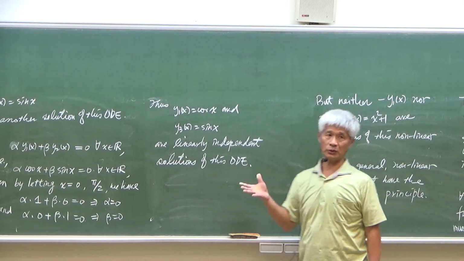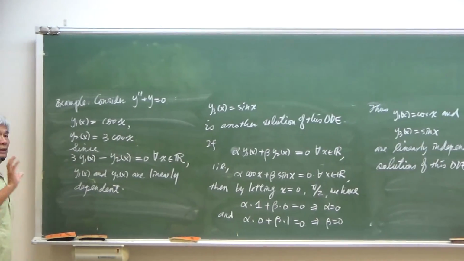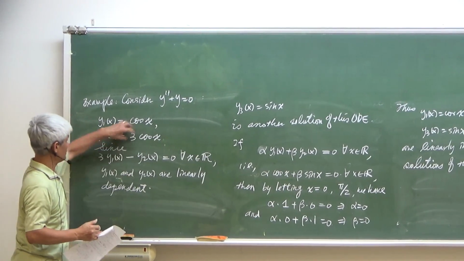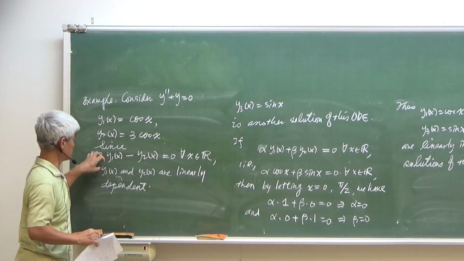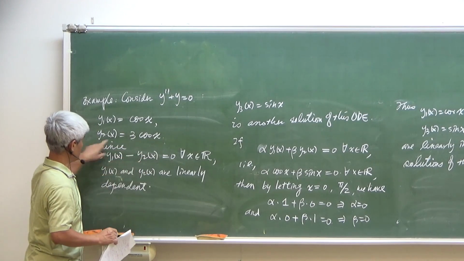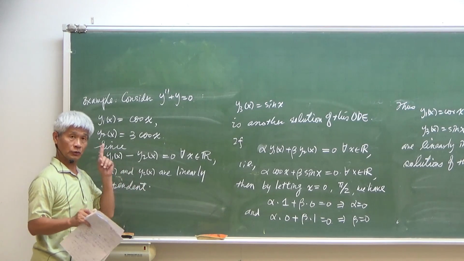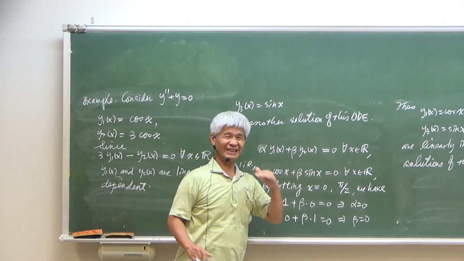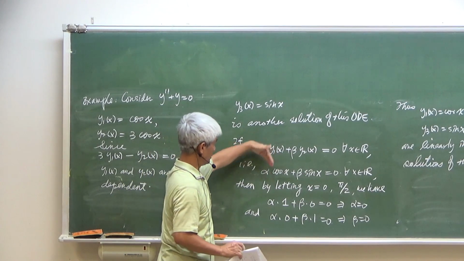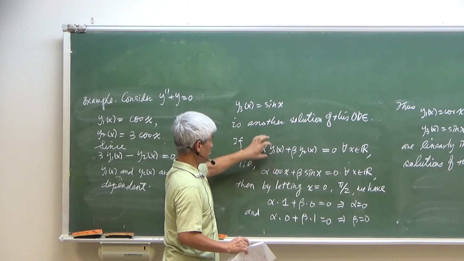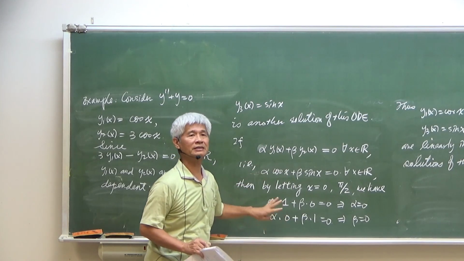So to show two functions are linearly dependent, we just find two coefficients, not both zero, such that the linear combination equals 0 for all x in the open interval. But to show two functions are linearly independent, we have to verify that once this is true, then alpha and beta must be 0.